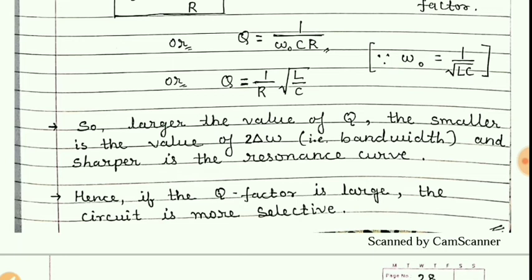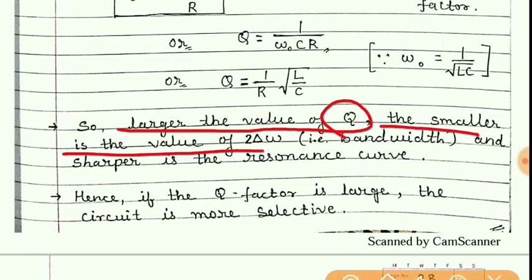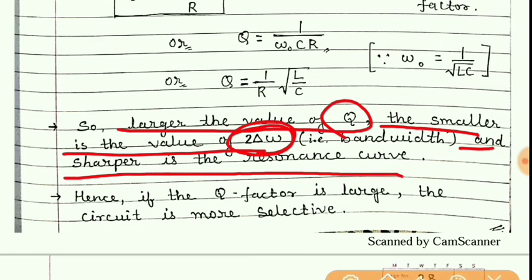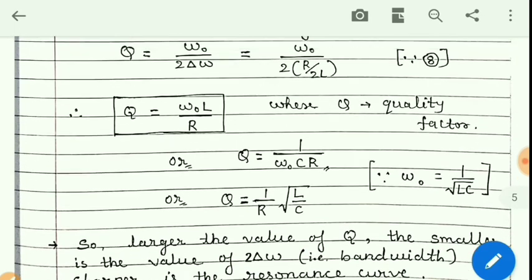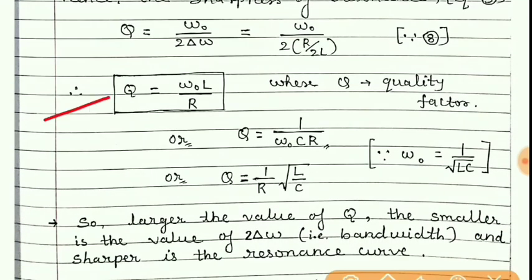Now students, it is clear that larger the value of Q, the smaller is the value of bandwidth and sharper is the resonance curve. Means what does this Q value indicate? If this Q value is larger, the resonance curve will be more sharp.